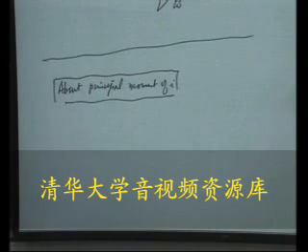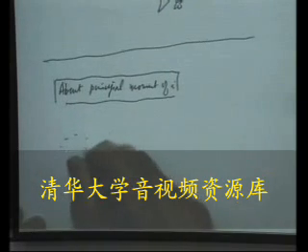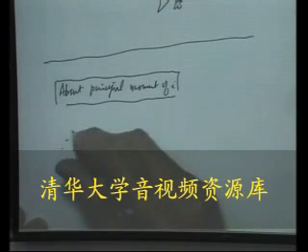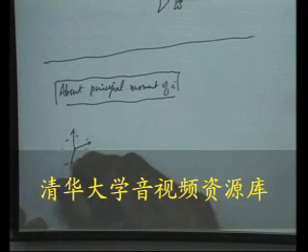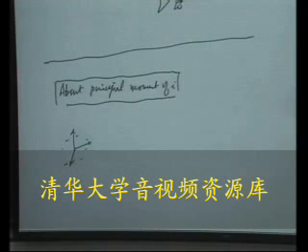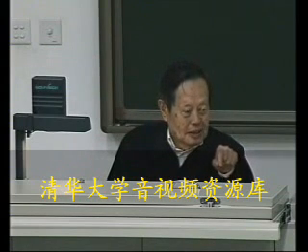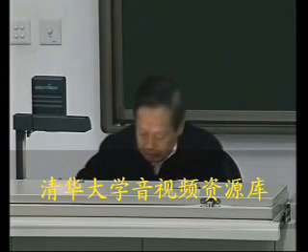So I have many bodies, many points, and this is the center of mass, and there are three principal moments of inertia. Each particle contributes something to the moment of inertia. We are now talking about this in the center of mass system.